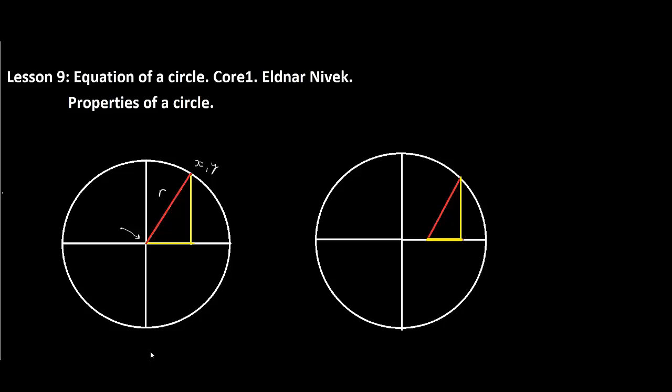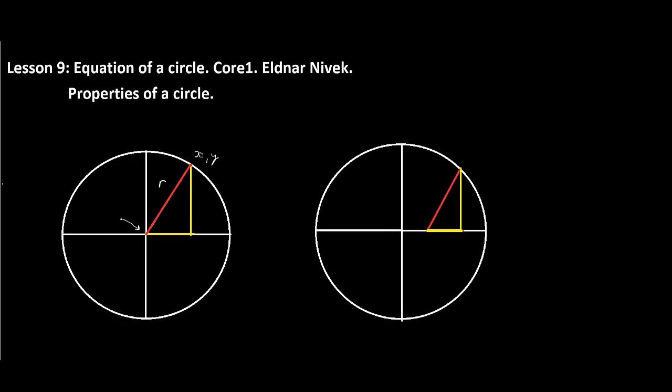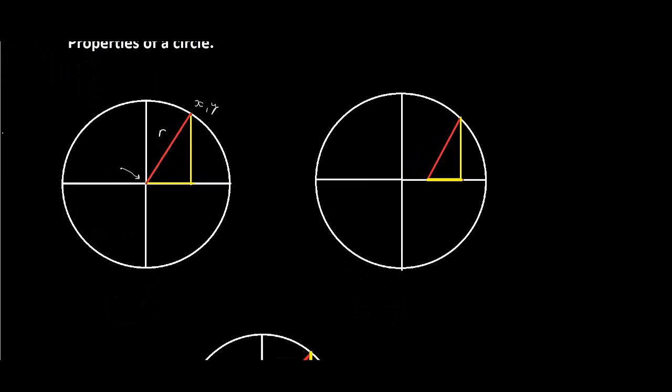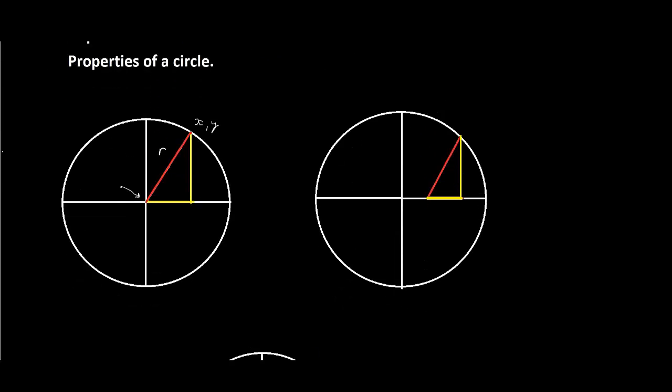So I think we can see quite easily that x squared plus y squared equals r squared by Pythagoras. Applying Pythagoras to that, we can see that x squared plus y squared equals r squared. And that gives us the equation of a circle, centre the origin, where r is the radius.